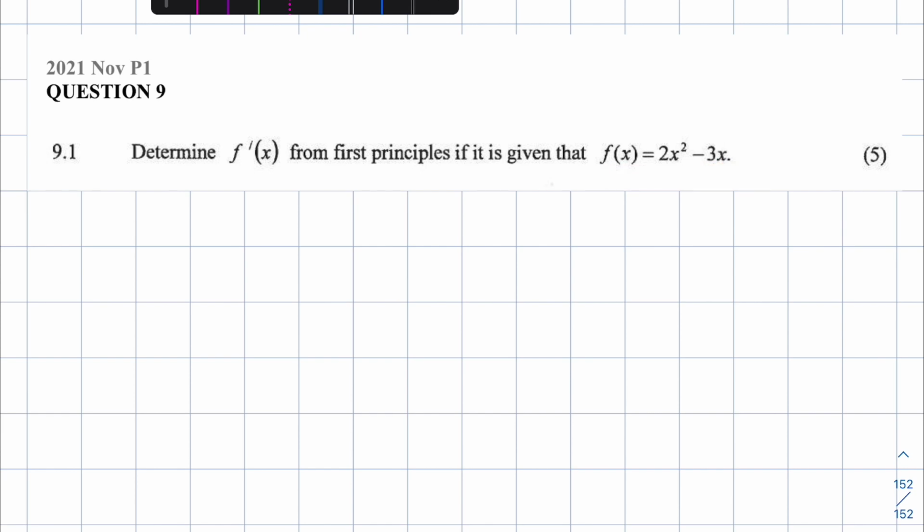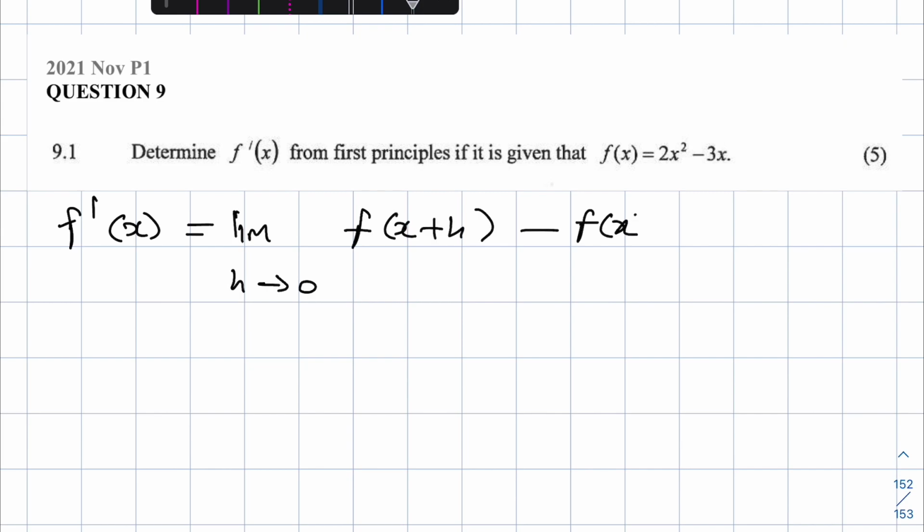So the formula we're going to use here is f prime x is equal to the limit as h approaches 0 of f of x plus h minus f of x all over h. So that is the formula that we use to differentiate or to find the derivative using first principle. So that will be the limit as h approaches 0.